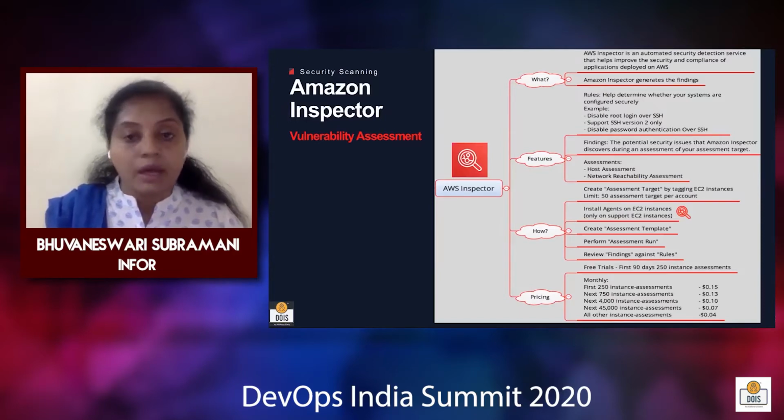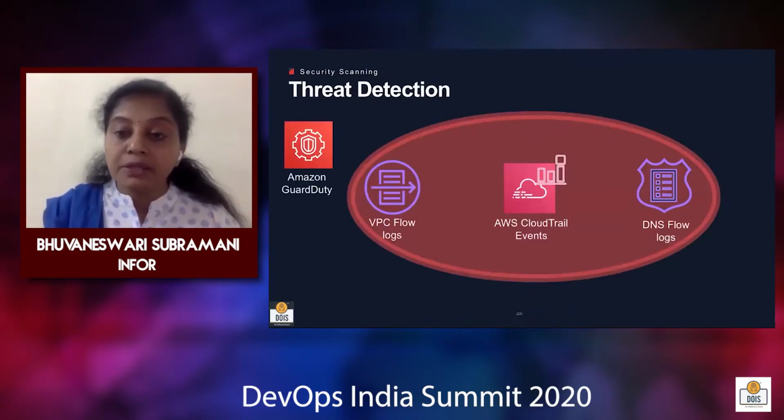How about the pricing? It's listed here. The first 250 instance assessments for the first 90 days is absolutely free when you're first time enabling the Amazon Inspector assessment if you want to explore and take it forward. Okay, so now we saw how the vulnerability assessment works and it can happen.